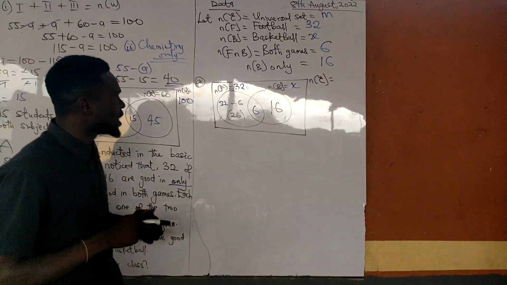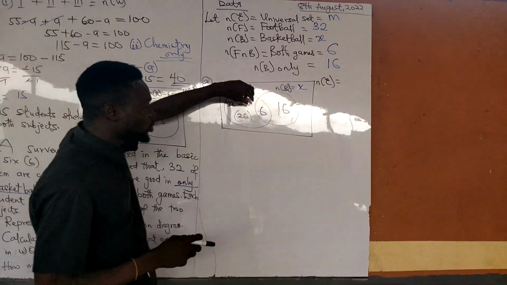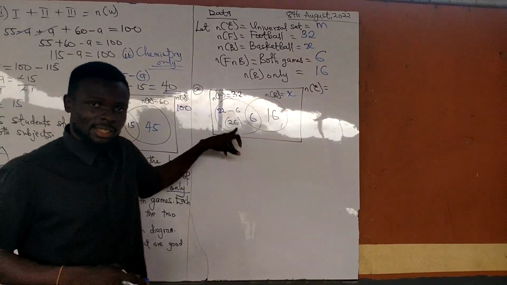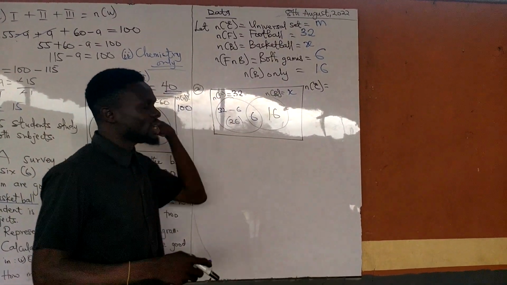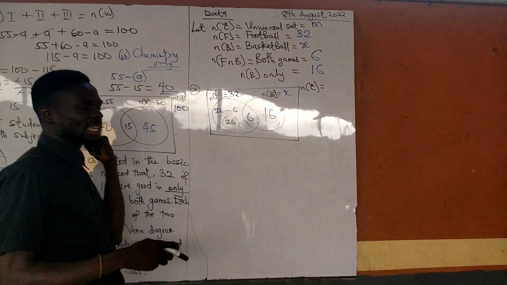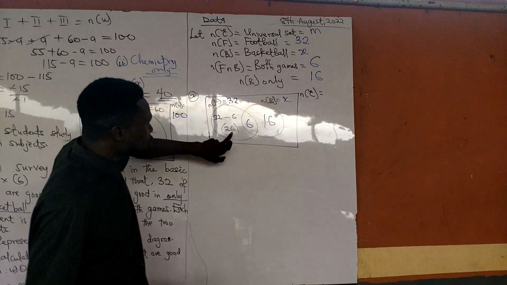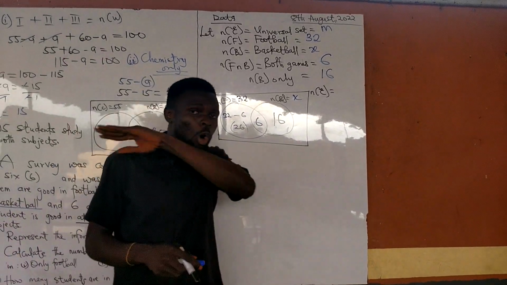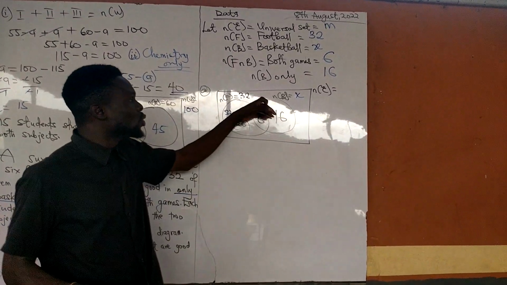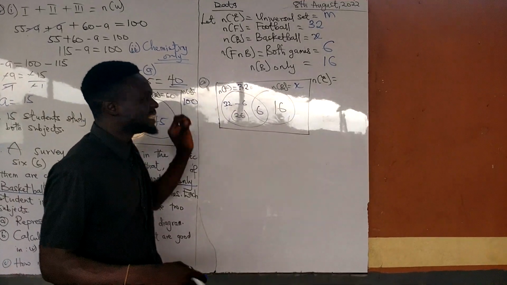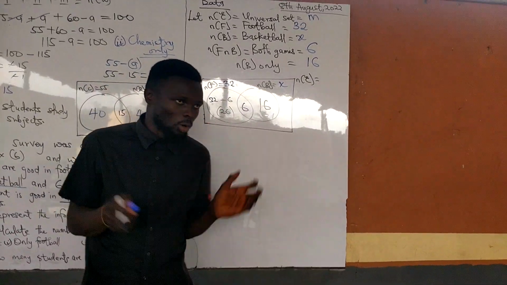Sorry, we apologize for that. So when you take 6 out of 32, you have 26. So this is what we have after subtracting the intersection from the football. So these 26 here are football only, but these 32 are the number of students that play football in all.